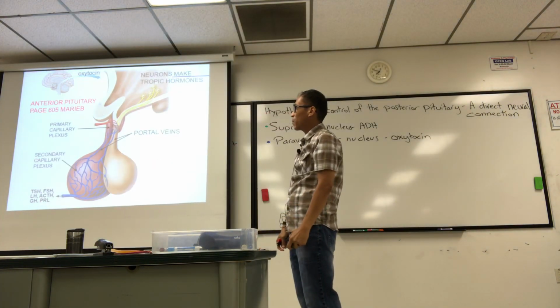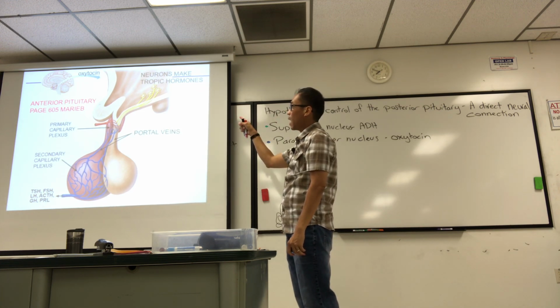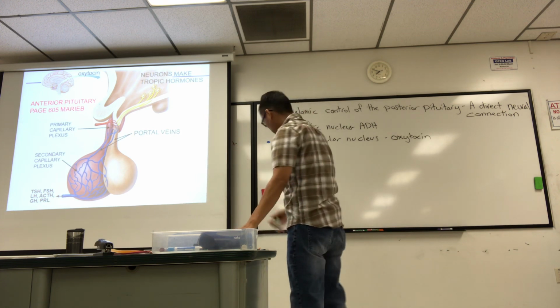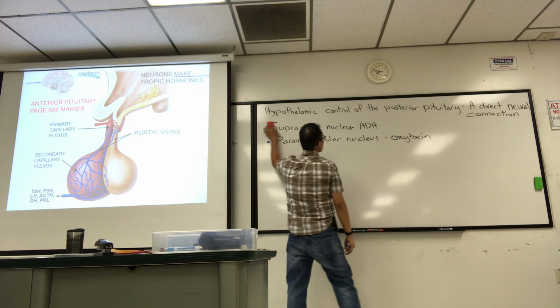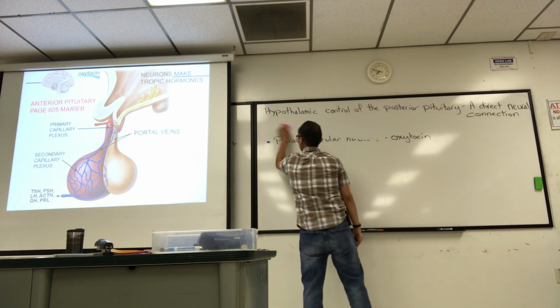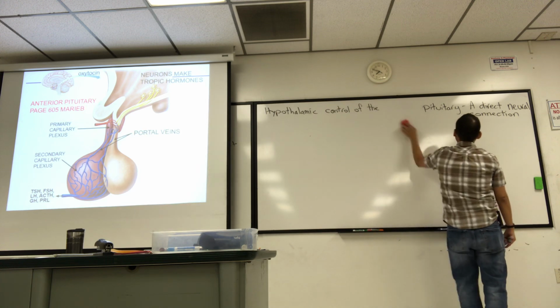Well, if we advance the slide, we see that this figure is showing you the connection between hypothalamus and anterior pituitary. So I'm going to erase this. Change that word to anterior.